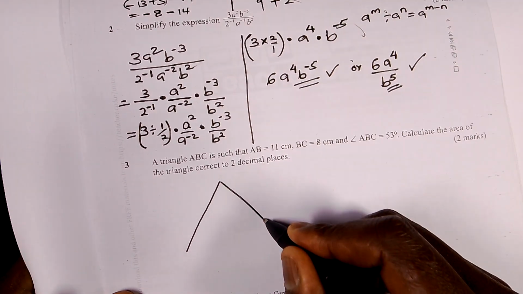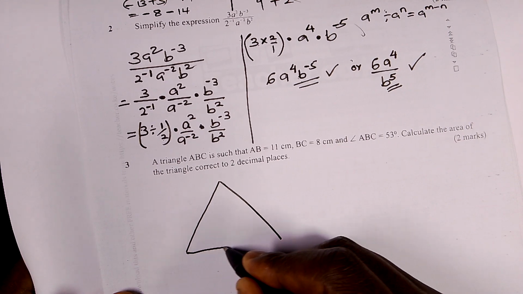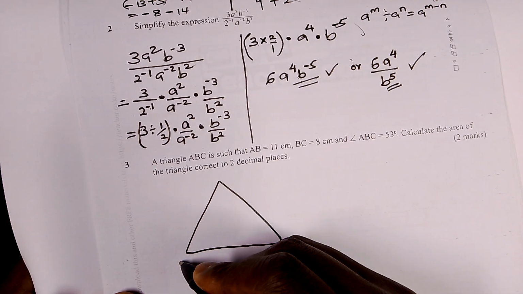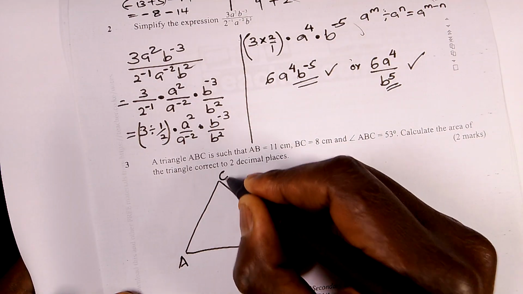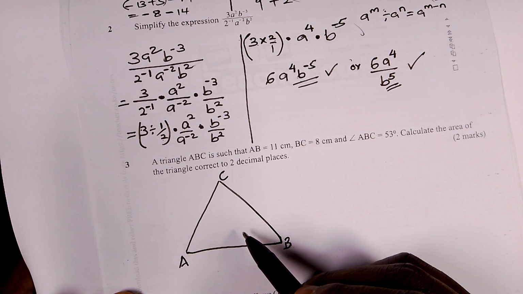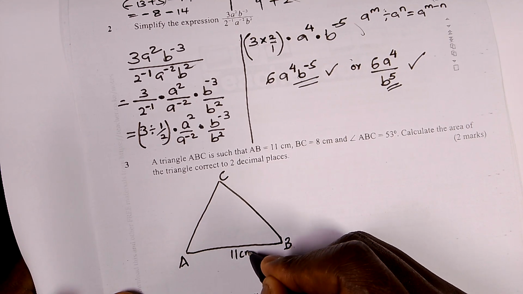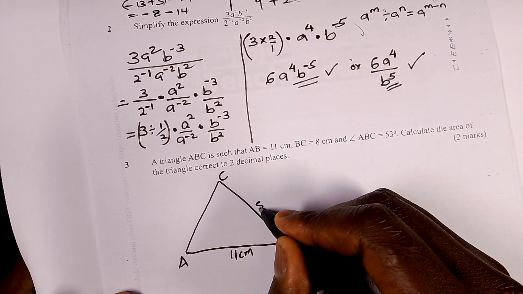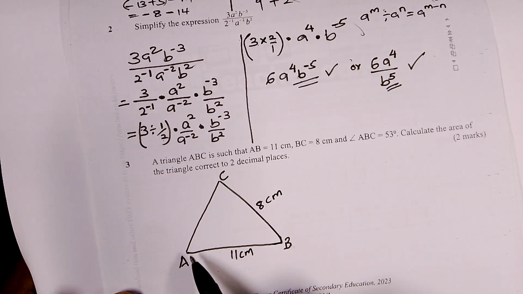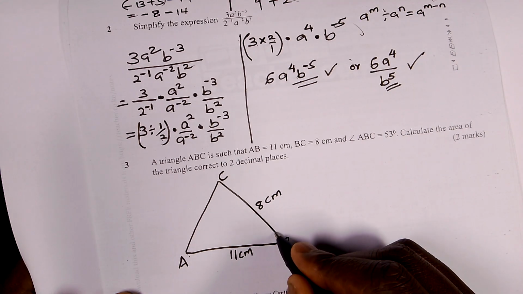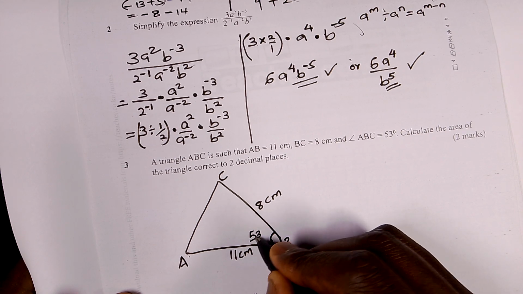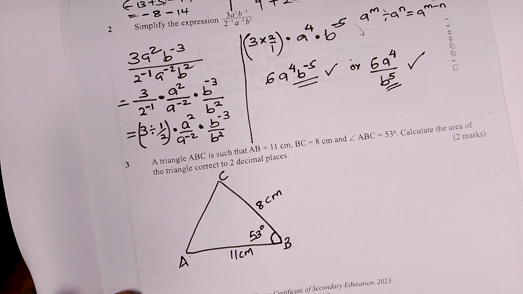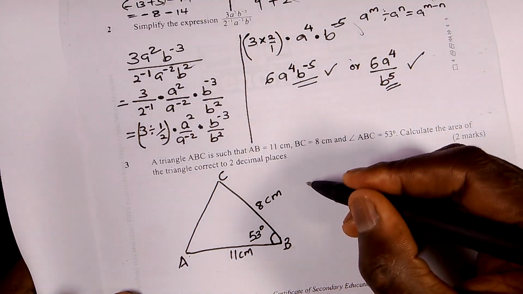And after drawing our triangle, we will say this is our triangle A, B, C. So our AB is 11 centimeters, our BC is 8 centimeters, and our angle ABC is equal to 53 degrees.